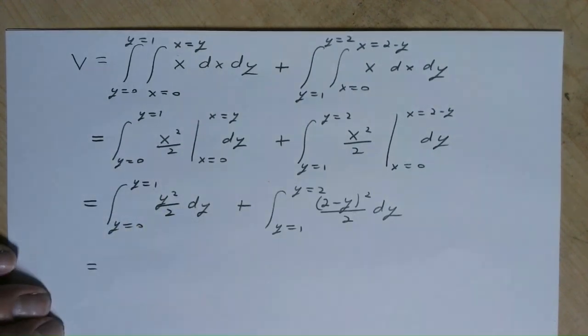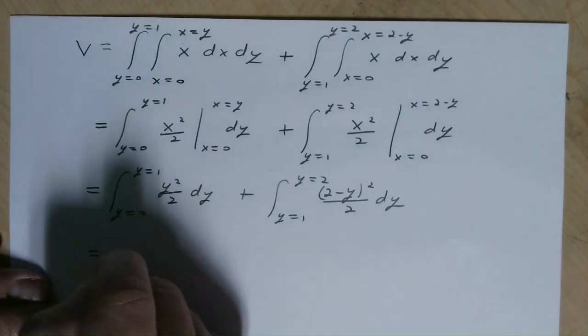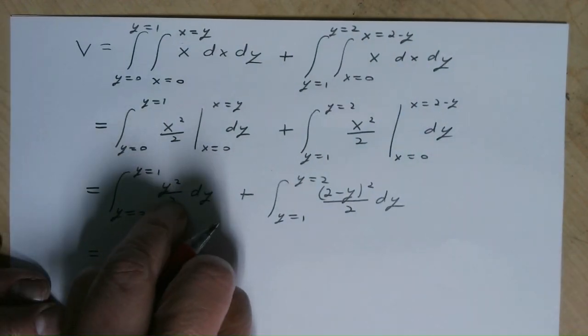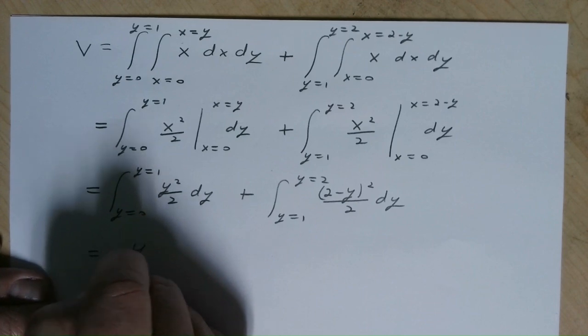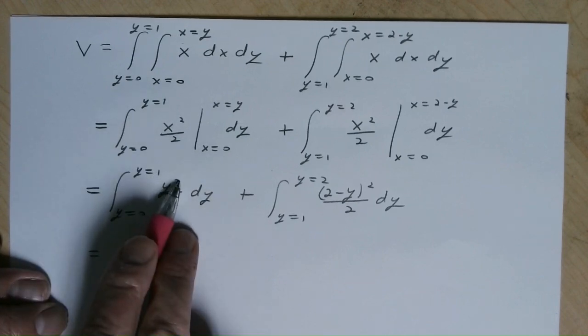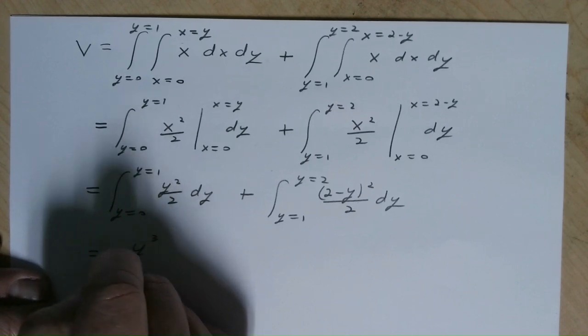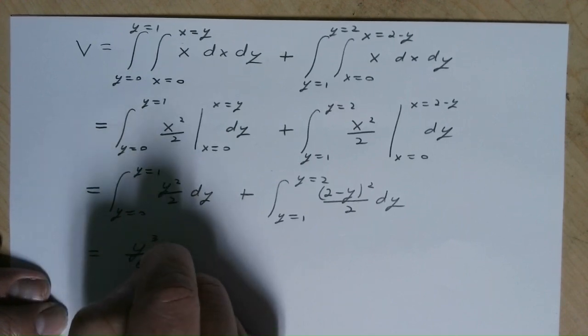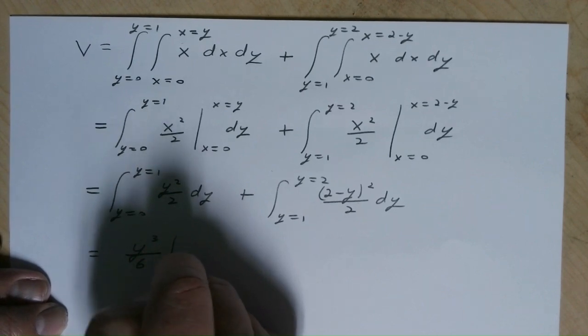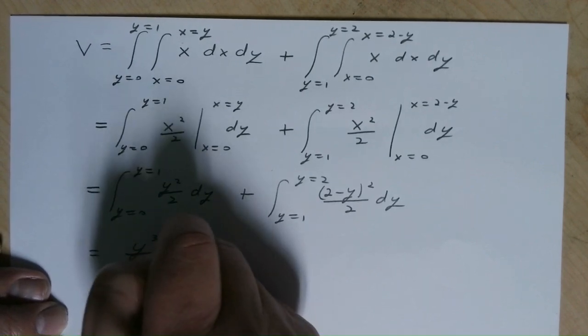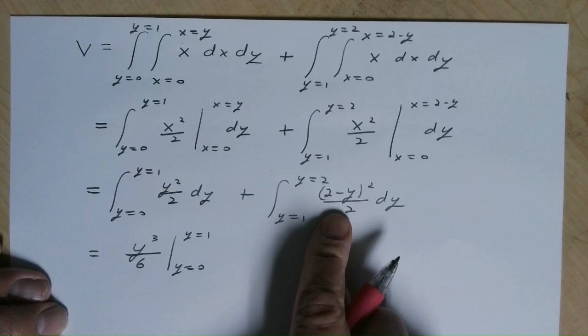Then integrate again over here with respect to y this time. And that's going to be y cubed divided by 3. So that's going to be y to the 6th, from y equals 0 to y equal 1.